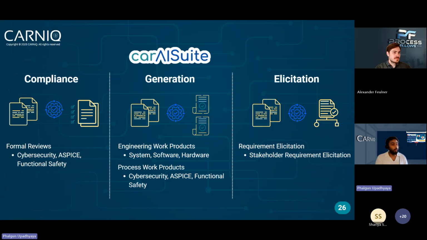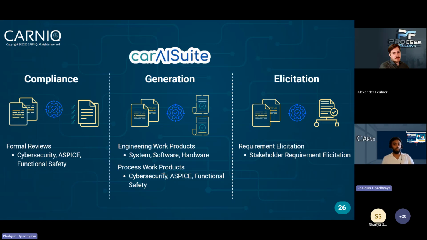So to give a brief overview of what the tool is capable of, there are three main focus areas, which we also saw when I opened up the tool: compliance, generation, and elicitation. We have the requirement elicitation, where you have the stakeholder requirement and then you can elicit the requirement. In the generation part, we have the engineering work products and process work products.